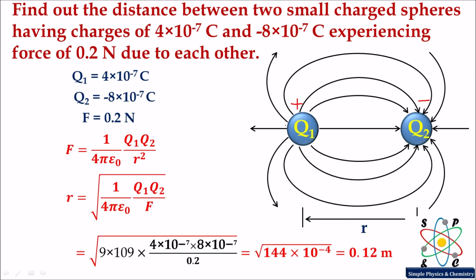This is actually what a typical dipole looks like. If you see a bar magnet with north and south poles, you can find some similarity in the field lines.